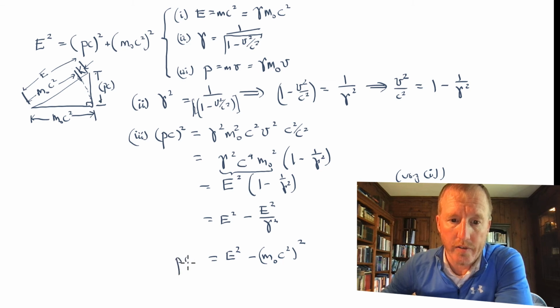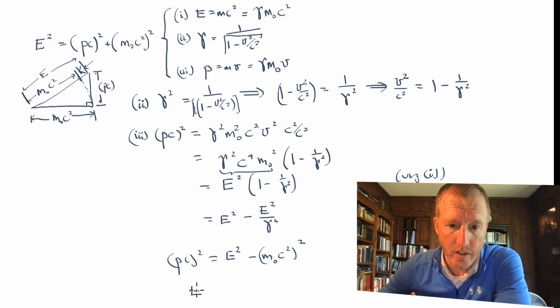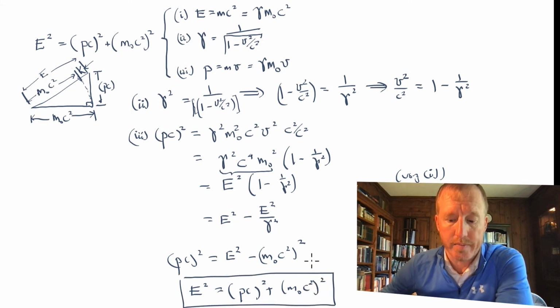And so we're left with p squared c squared equals E squared minus (m naught c squared) squared. And then we can solve this for the energy, E squared, and we arrive at the formula that we're trying to arrive at, E squared equals p squared c squared plus (m naught c squared) squared, which is what we wanted to arrive at.